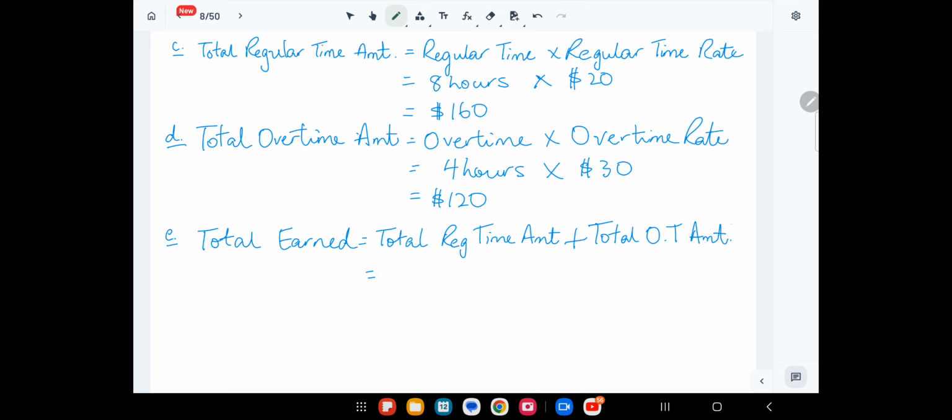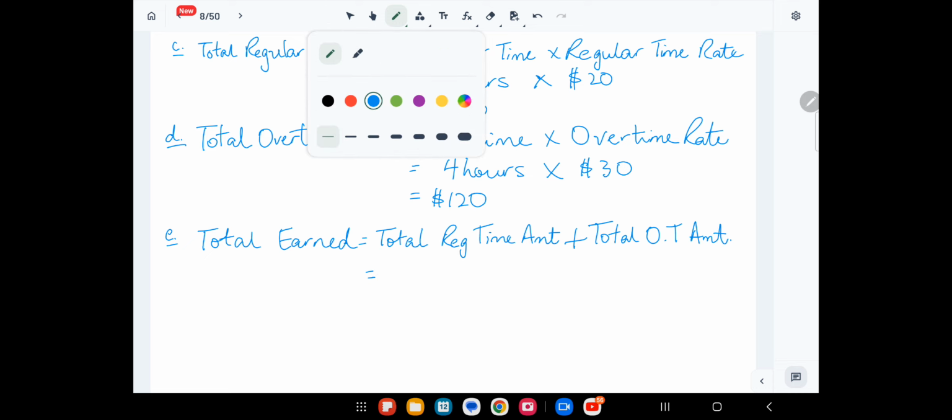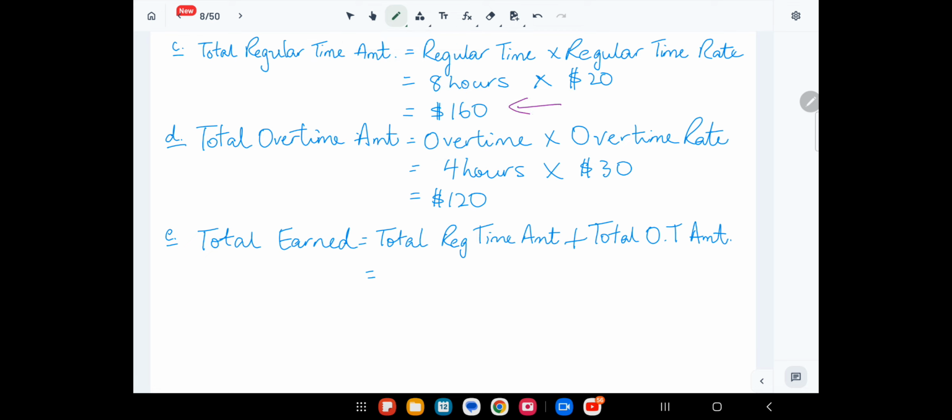So we know from earlier the total amount of money that he made in regular time was $160, and the total amount of money that he made in overtime was $120. So it will be $160 plus the $120, which will give us a total of $280.